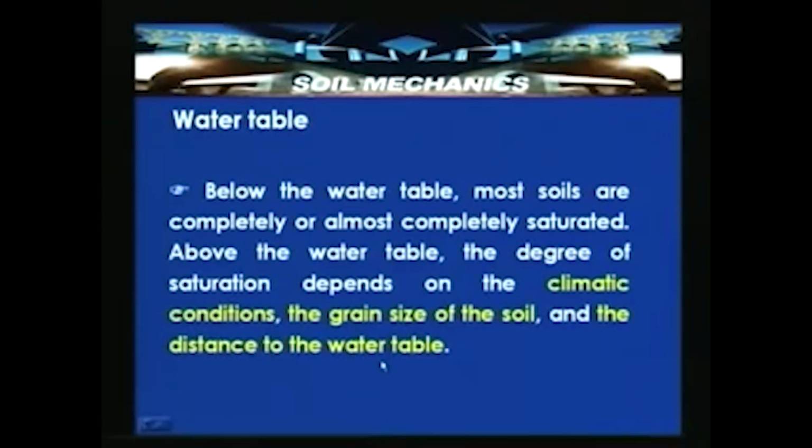So, below the water table most of the soils remain in saturated condition, and above it the degree of saturation depends upon three things: the climatic conditions, the grain size of the soil, and the distance to the water table.